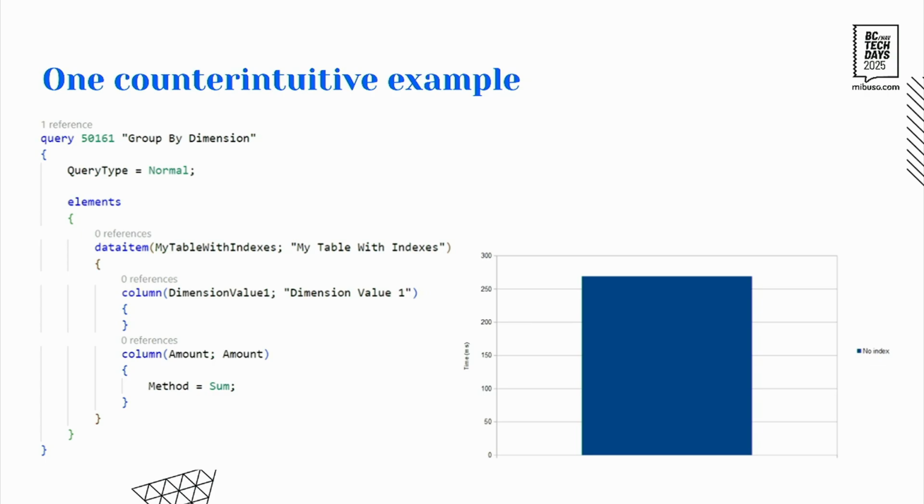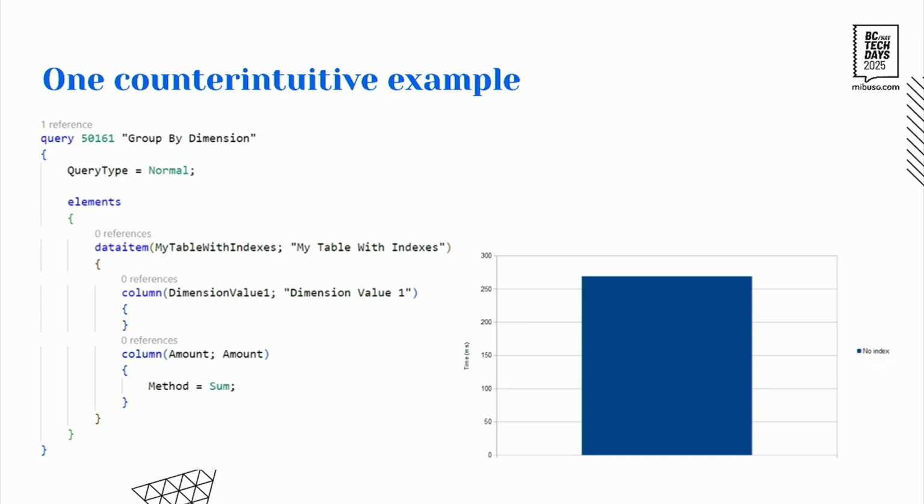What I want to show here, what I call my one counterintuitive example, is where adding an index on a table does not lead to the expected result. So here you see a pretty simple query. It's an aggregating group by query that selects data from a table, which I called my table with indexes, and this table has fields dimension, value, and amount.